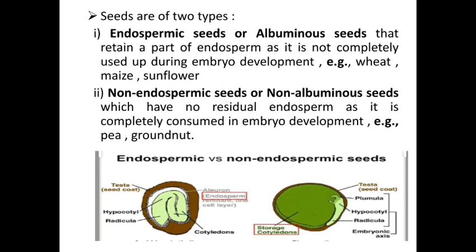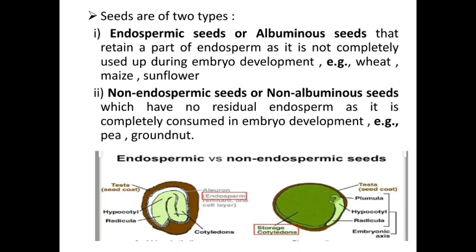So we may say that pea and groundnut are non-albuminous seeds, whereas wheat, maize, sunflower are albuminous seeds. Today we have learned about two types of seed: endospermic seed or albuminous seed. These seeds contain a part of endosperm, because during embryo development this endosperm is not completely used up.